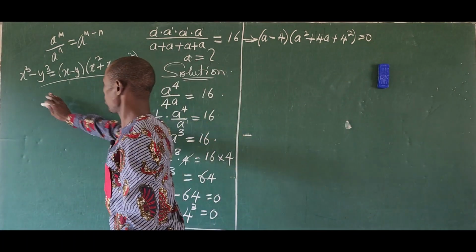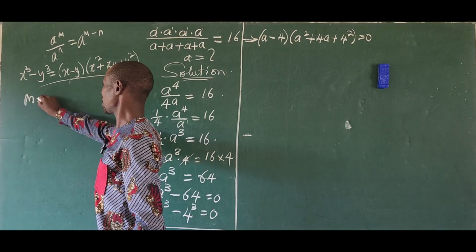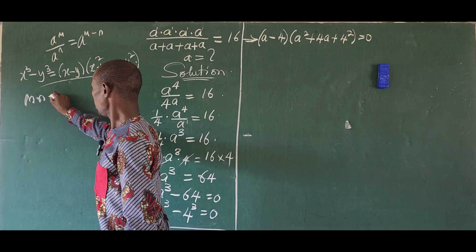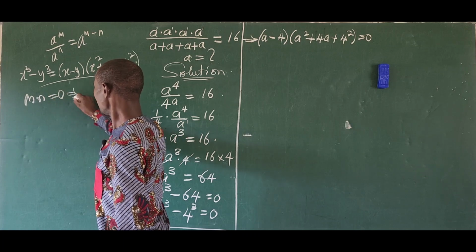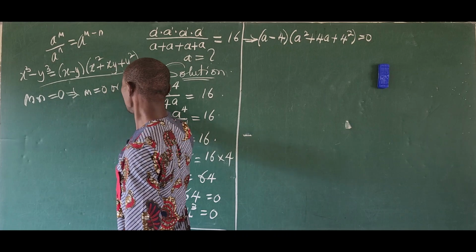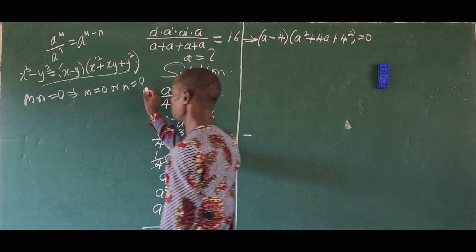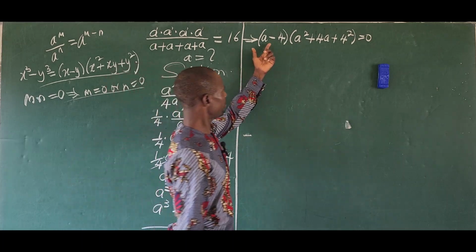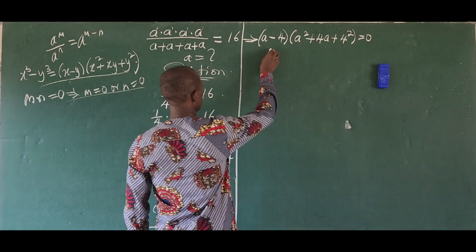We apply a rule which says that m times n equal to 0 means that m is either equal to 0 or n is equal to 0. So we call this the zero property. So with this, we're going to have first case and second case here. So we have case 1.